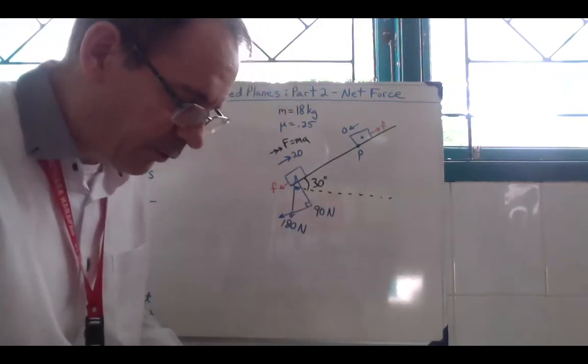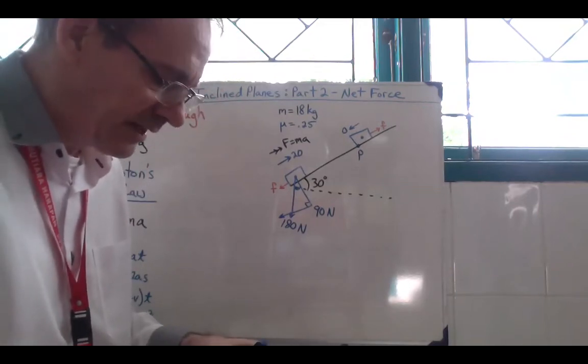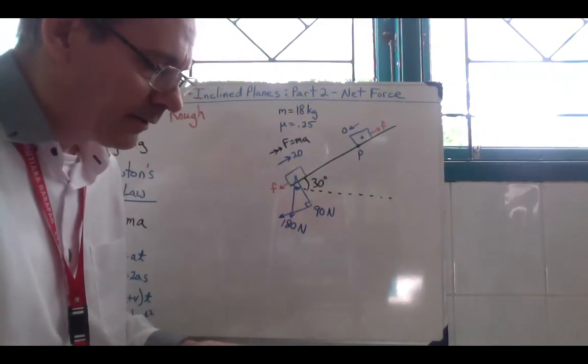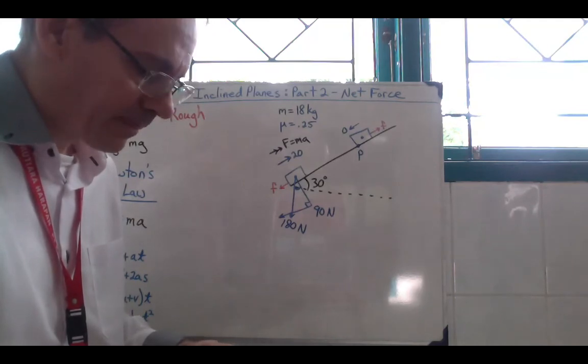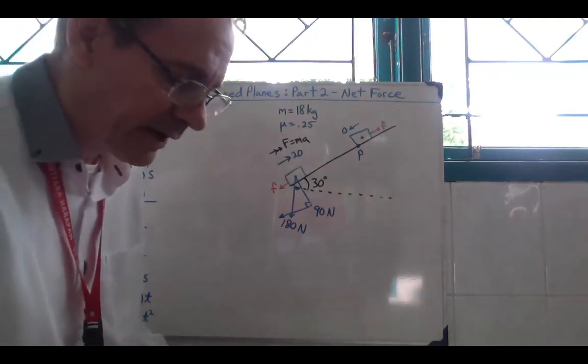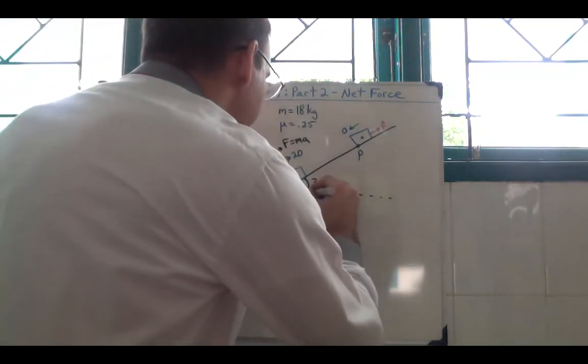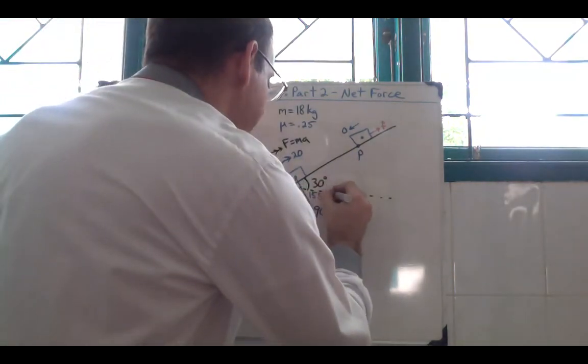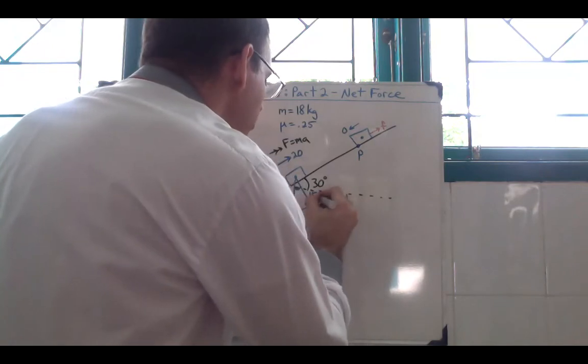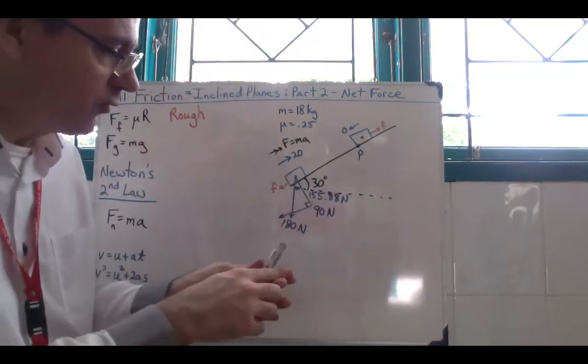And if we do 180 cosine of 30 degrees, we get 155.88 newtons that is acting downwards.